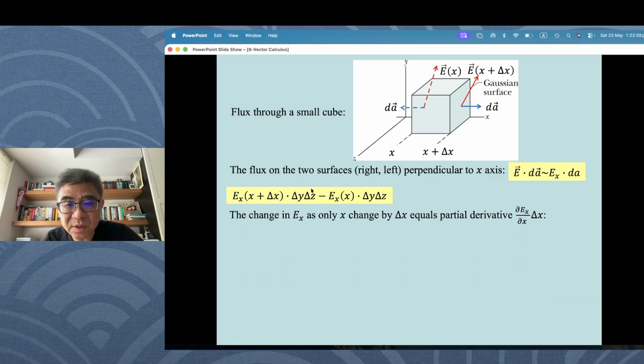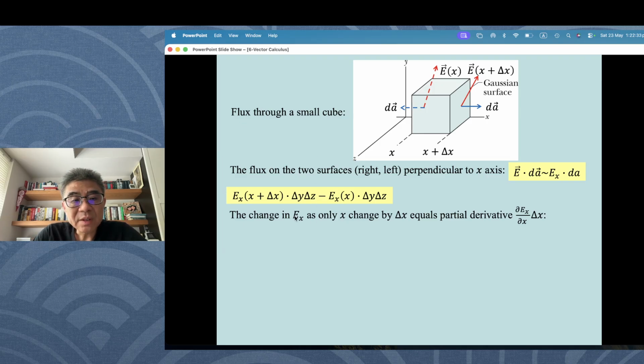However, this difference is easy to calculate because if you look at Ex as a multivariable function, then this is just the difference of the function with respect to the difference of coordinate delta x, while keeping y and z constant.